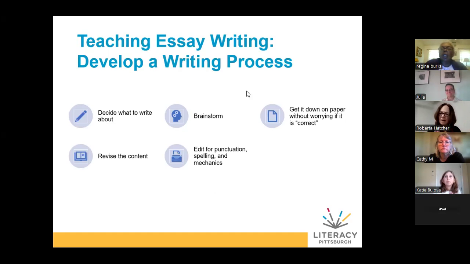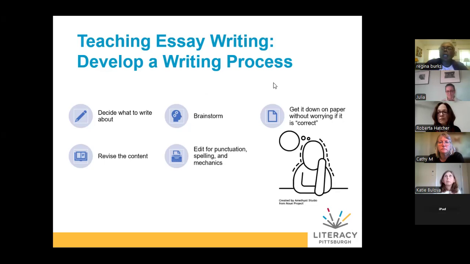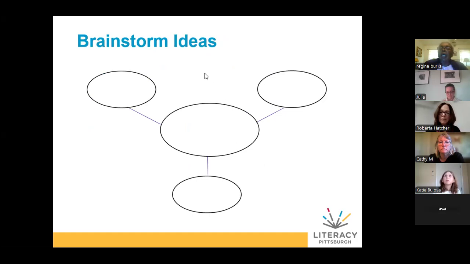Then you revise the content, and lastly, you edit. All this is fine for approaching essay writing, but it still leaves them with a question about where to start, particularly with brainstorming ideas. You are still thinking that you're starting from scratch.